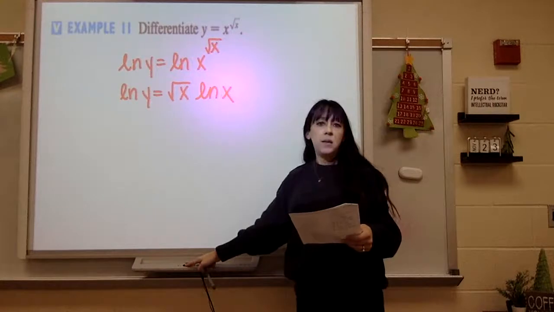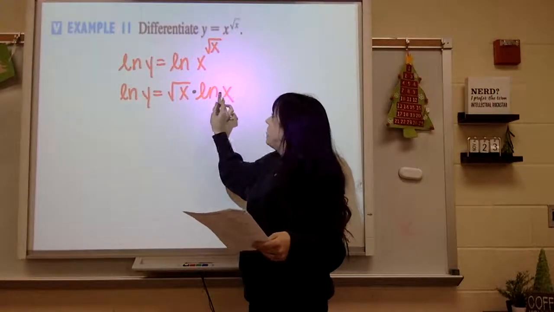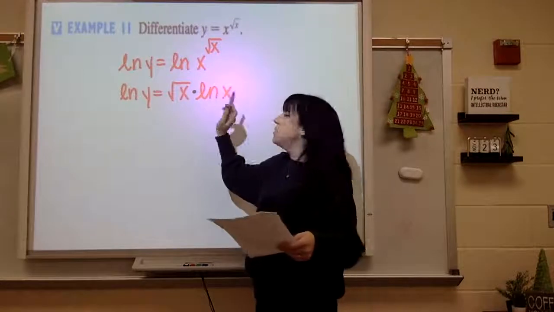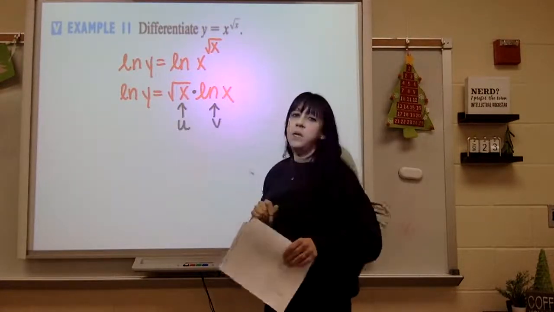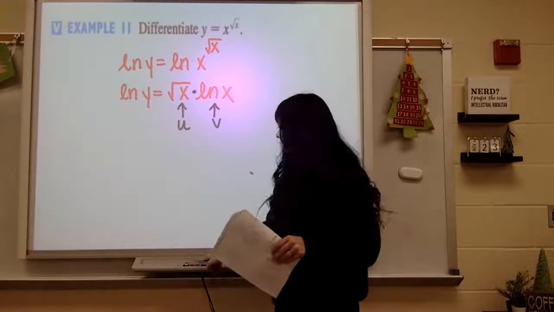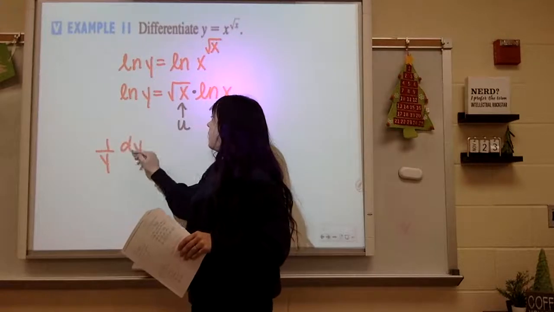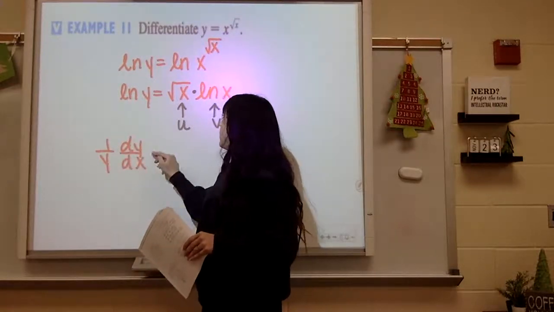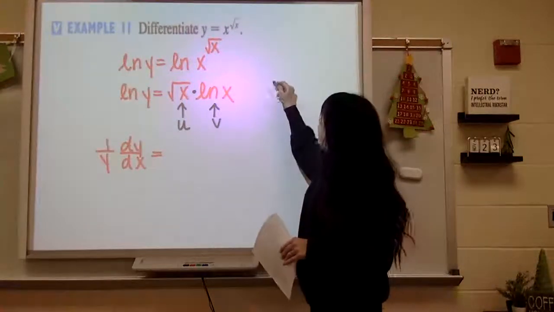Okay, now my next step is to take the derivative of both sides. But on the right side, this time we have x's in two places. So we are going to have to use the product rule to take the derivative over there. So left side is just going to be 1 over y dy dx. But on the right, I'm going to have to do product rule.